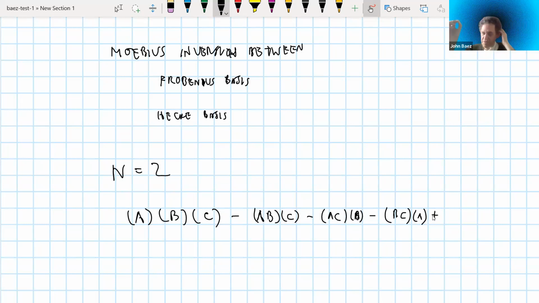Does parentheses mean the co-unit? Yes, it does. Parentheses means apply the co-unit. A juxtaposition like A, B next to each other just means multiplication. So if A and B and C are all 1 in the complex numbers, then the parentheses around a 1 gives you a 2, because it's twice the real part.